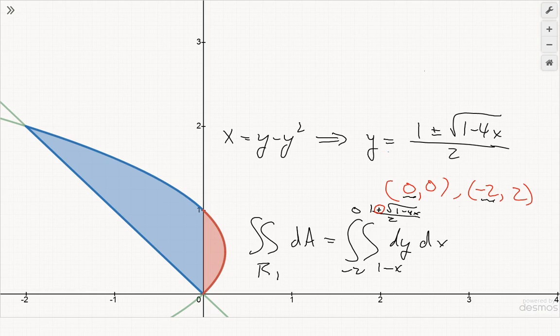So that will be the integral. Well, we need to find the coordinates of the base of this parabola. So from this formula, the apex of the parabola is when the square root is equal to 0.